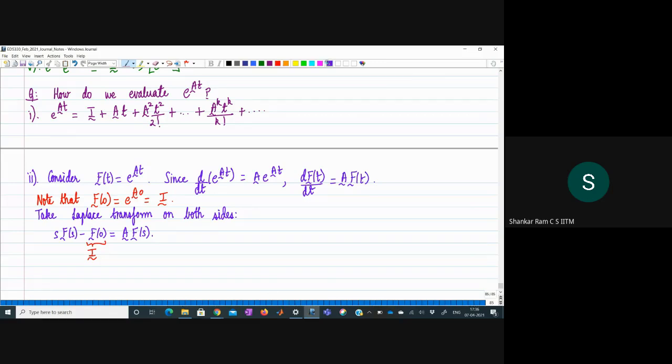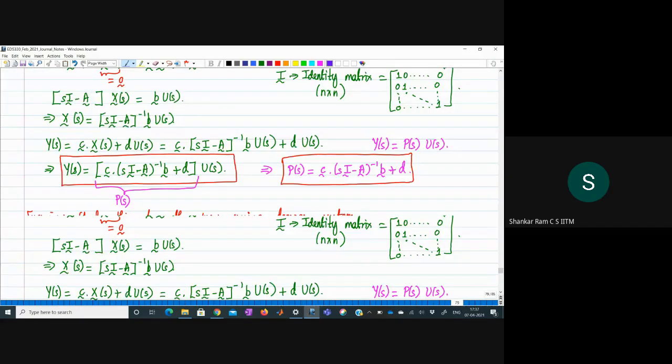So if we simplify this expression, we are going to get (sI minus A) times F of s is going to be equal to identity. Correct? So we just swap the terms between the two sides, right?